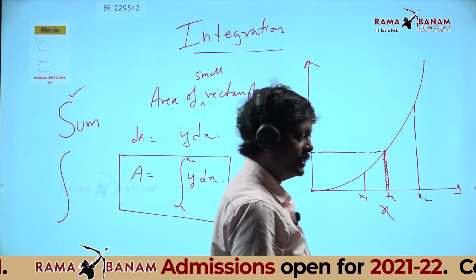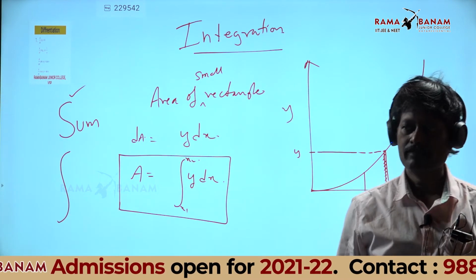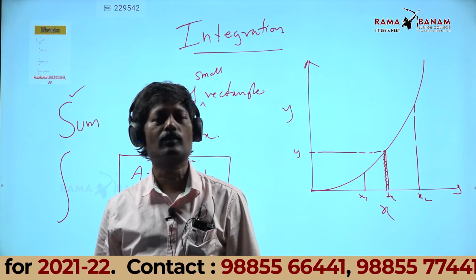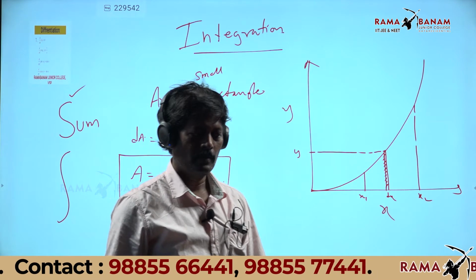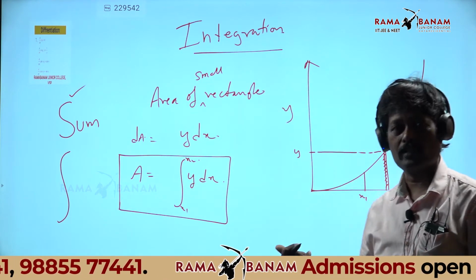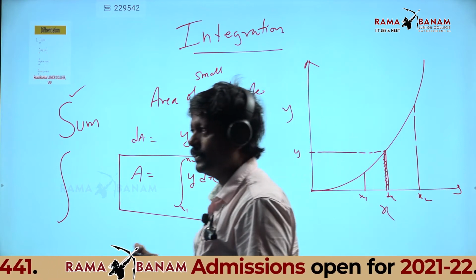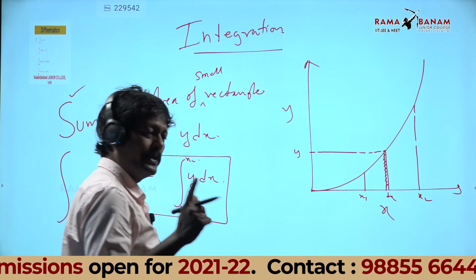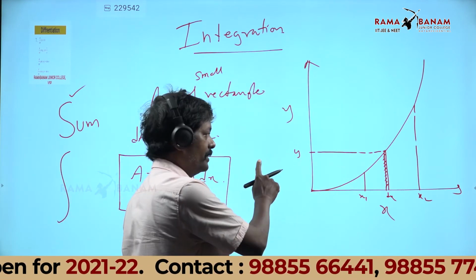Now you will ask me, sir, why you want to find area? In physics, areas will give you some physical quantities. When we do an example, then the theory will be better understood. So we are finding the area here.